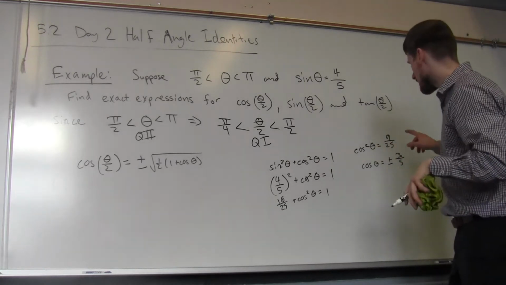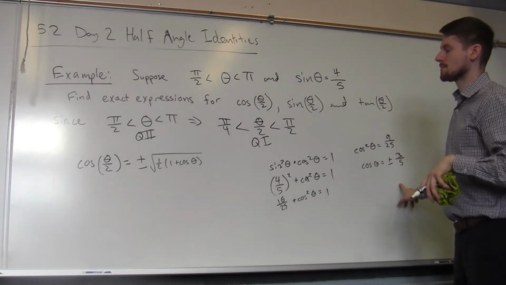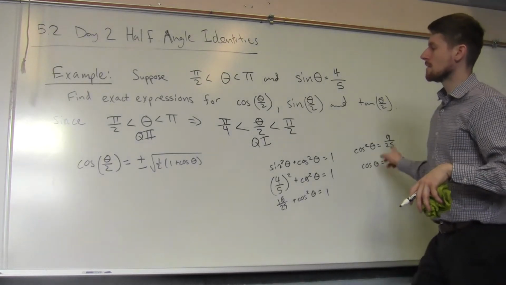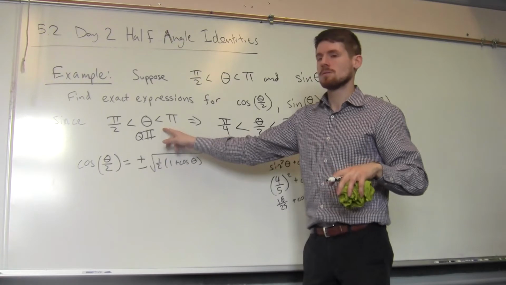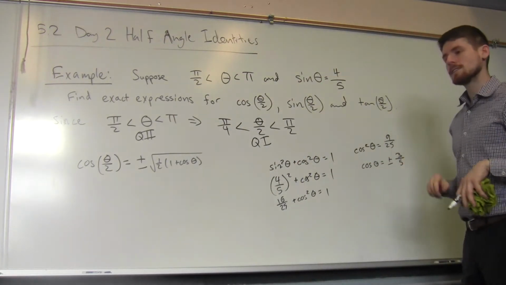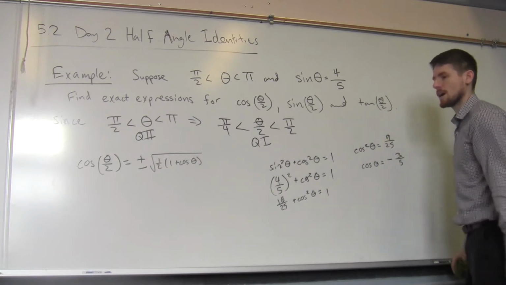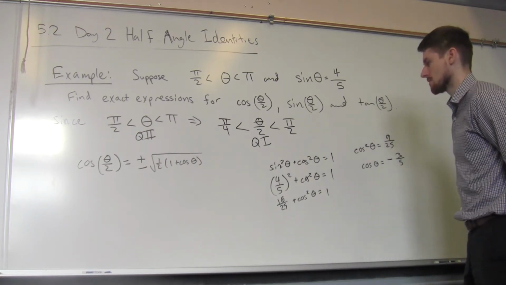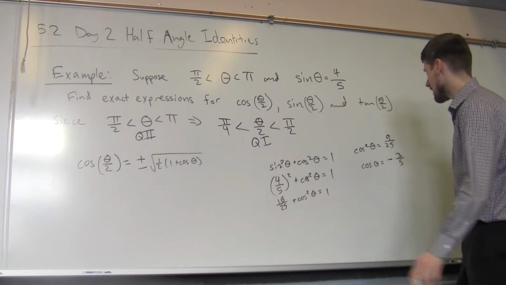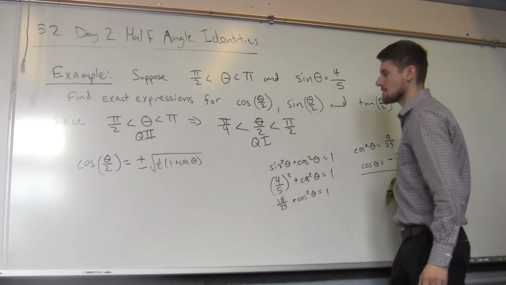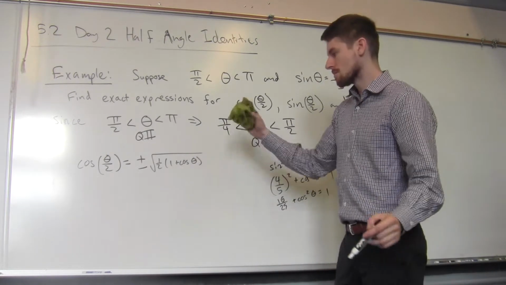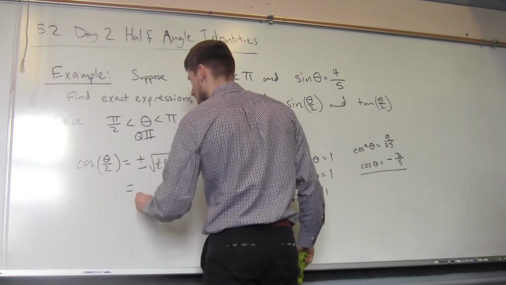And which root is it? Remember, theta is in quadrant 2, and cosine is negative in quadrant 2. So cosine theta is negative 3/5. Now that I know the value for cosine, I can plug it in here and simplify as much as we can.